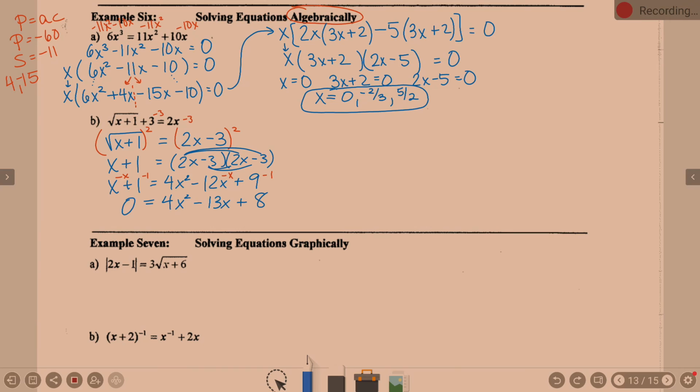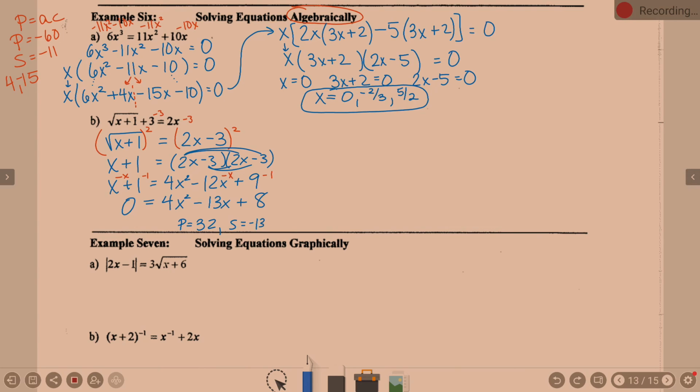Well, what are my options here? Okay. So if we try product of AC, we need a product of 4 times 8, which is 32, and a sum of negative 13. Well, 1 and 32. No. 2 and 16.